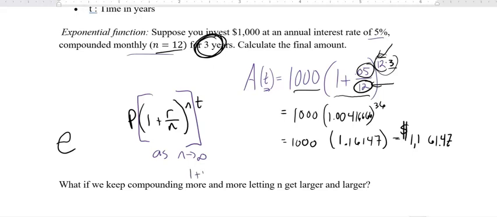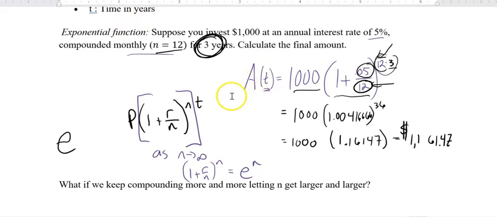Then the 1 plus the rate over n, to the n, becomes e to the n. Okay? This number is showing up naturally. It's just as I let n get really, really big, it goes to some constant base, and it's e to the n.